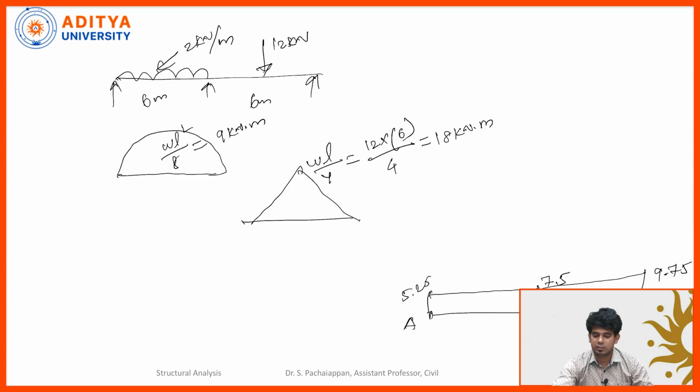On top of this I am going to superimpose this diagram and then this diagram. So here I am going to draw this parabola which is 9 kilonewton meter, and this is the 18 kilonewton meter triangle, slightly up.